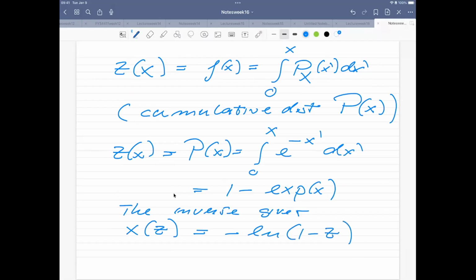And you see now that if z is equal to 1, that means that x is equal to minus ln 0, which is plus infinity. And if I put z equal to 0, then I get ln 1, which is equal to 0. So x lives between 0 and infinity.